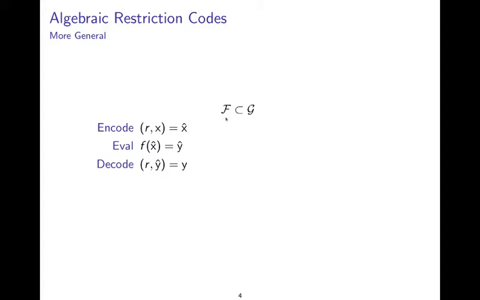Then a function from either of those two sets can be evaluated on the encoded input. This results in an encoded output. The encoded output can then, using the same randomness as before, be decoded again. Now, this is correct if for every function in f, the decoded value is the same as if you evaluated the function on the original input.